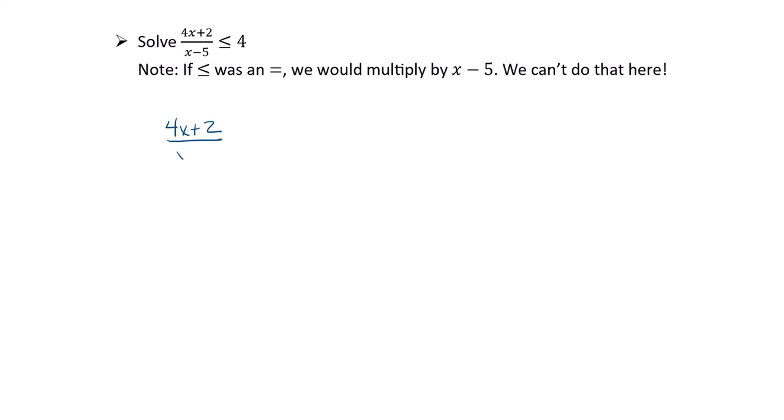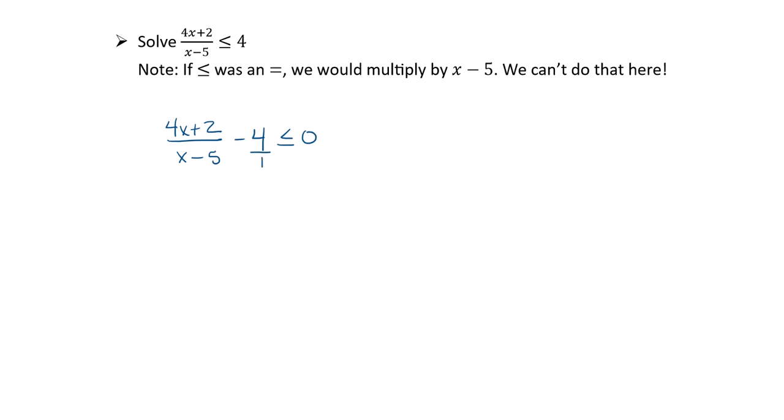is go ahead and get it equal to 0 by subtracting 4 from both sides. So we have the less than or equal to 0 on one side. And then I'm going to go ahead and combine these.